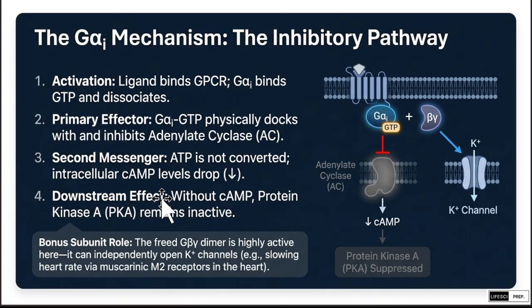Due to that, the cAMP level is reduced, adenyl cyclase is reduced, and PKA is reduced or suppressed. And beta and gamma actually act on the potassium channel and release potassium ions.